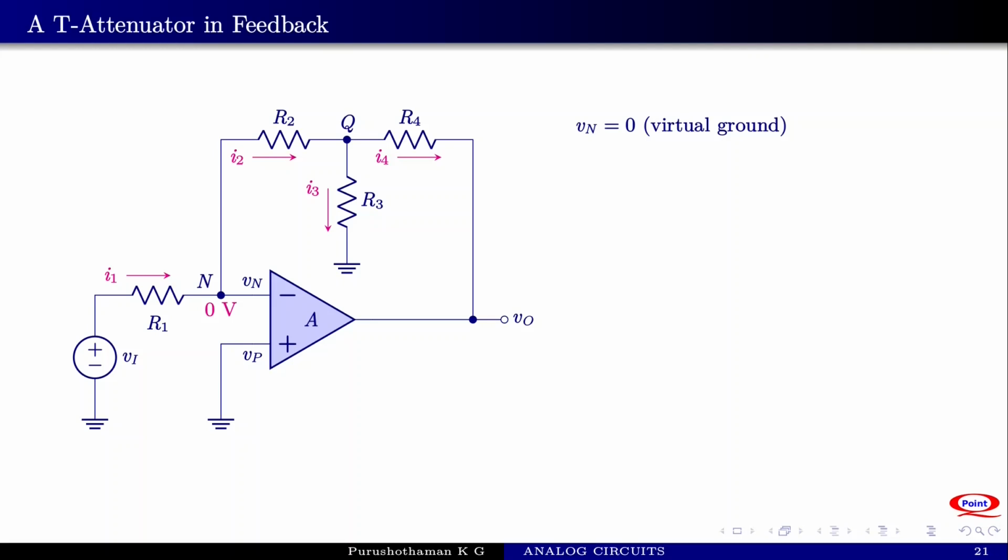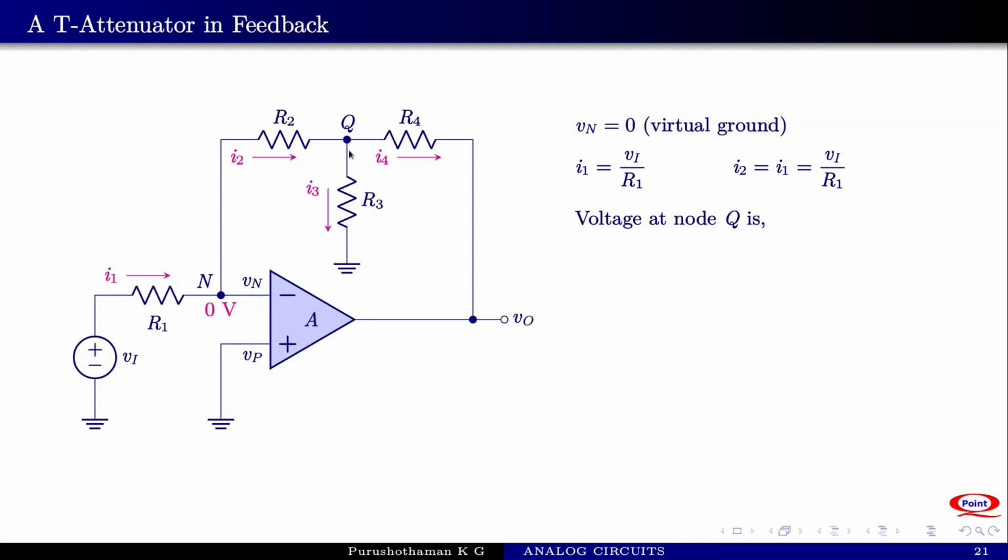Since Vn is equal to 0, we can calculate I1, which is equal to Vi by R1. This same value of I1 flows through this path. The current to the input of the operational amplifier is 0. So I1 must be equal to I2, which also is equal to Vi by R1. Now, what will be the voltage at this point?